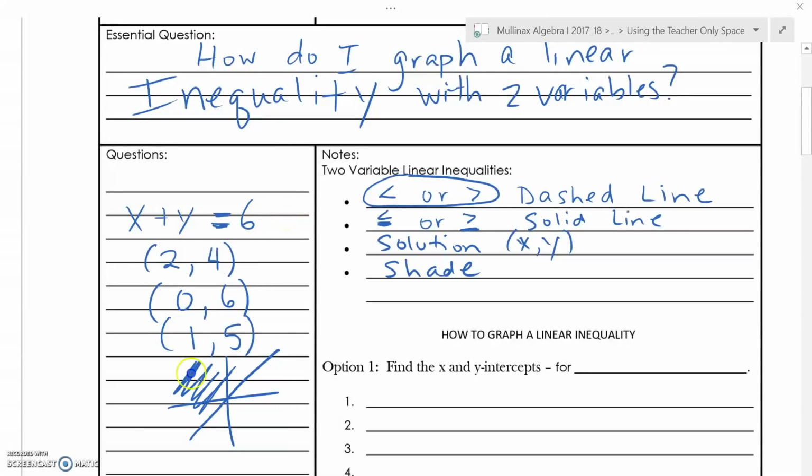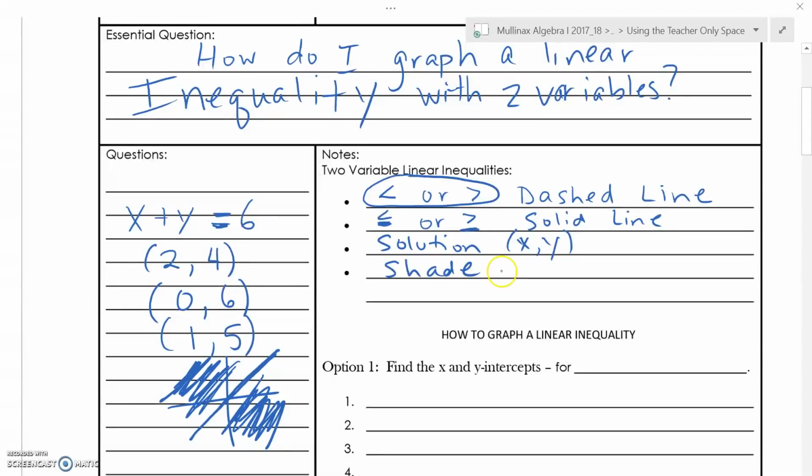Points on one side would make x plus y greater than 6. Points on the other side would make x plus y less than 6. So we end up with 3 regions in the coordinate plane: a line which is equal, one side which is greater, one side which is less than.